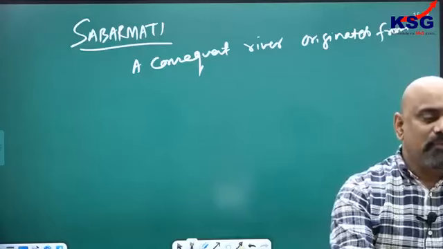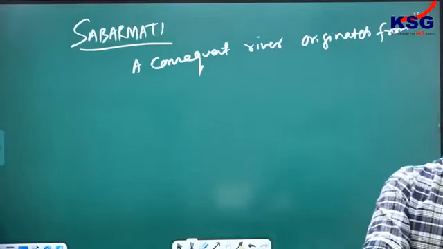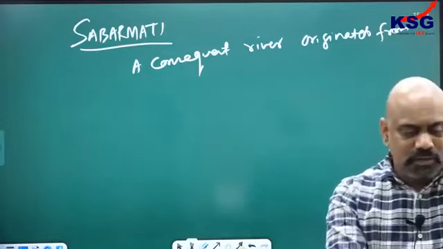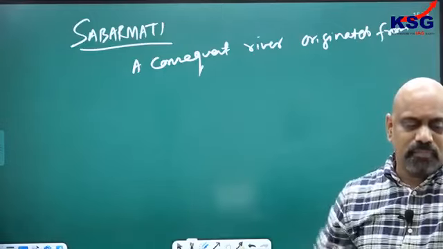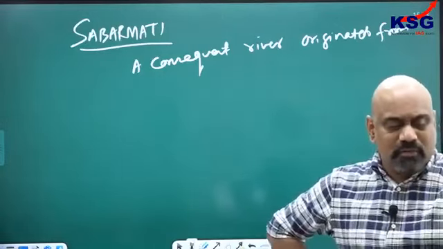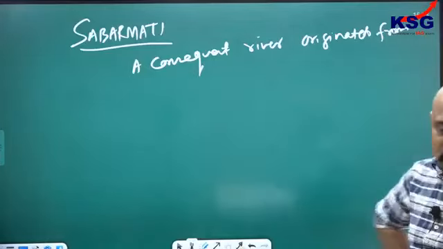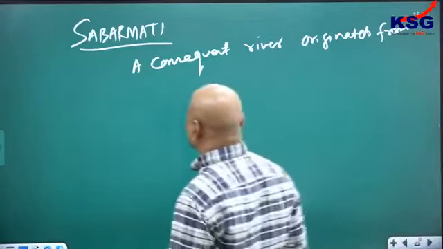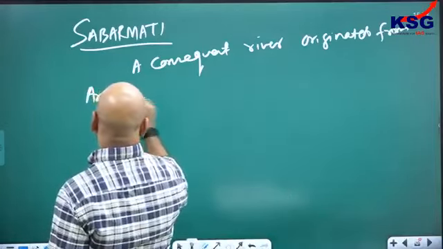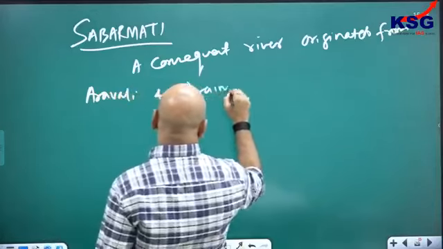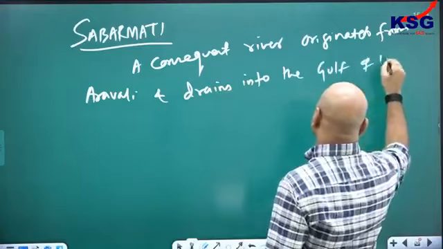Near Udaipur, in the Aravalli hills, southwest, and drains into the Gulf of Khambat.